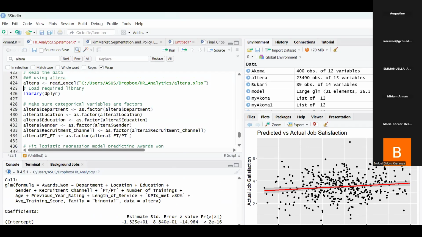Sir, I've loaded the data, but you said we should copy something. No, I never said you should copy anything. I said first read the data.